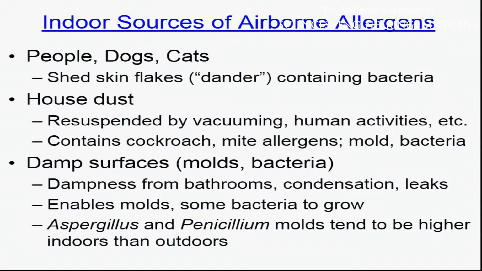A lot of times in thinking about molds, about fungus, you think about outdoor sources coming indoors. But in fact, there's certain kinds or genuses of fungi, like aspergillus and penicillium, that really like the indoor environment and really thrive there. And so in fact, for some species, you find higher concentrations indoors than outdoors.